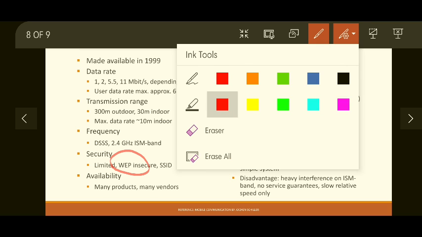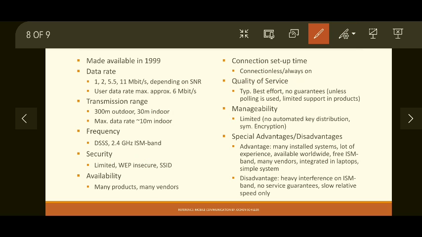One flaw in this particular standard is it does not provide quality of service. It uses best effort services, so no guarantees are assured unless DFWMAC-PCF is used. Unless polling is used, no guarantee of service. So since it is always on, anyone can access the access point or medium by competing with other stations.